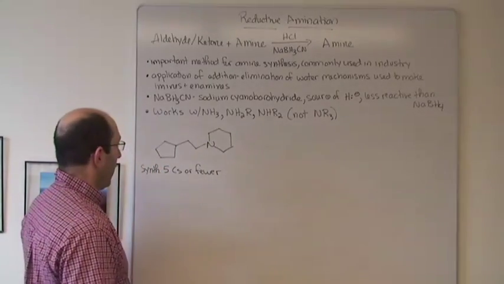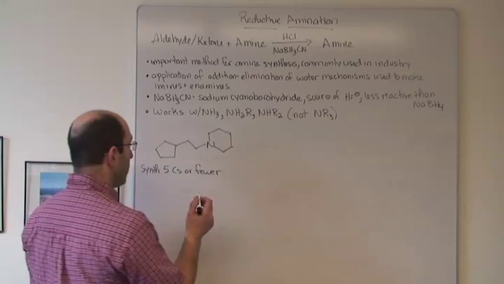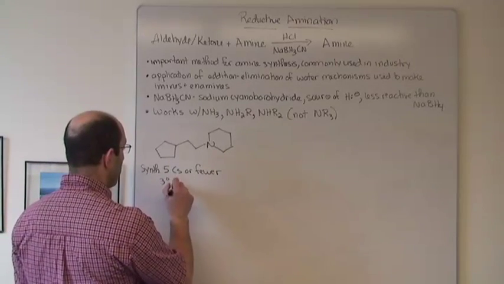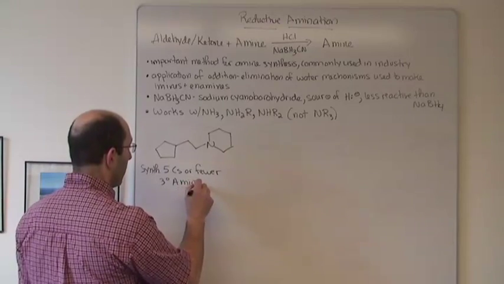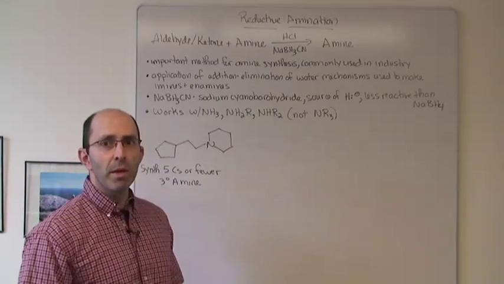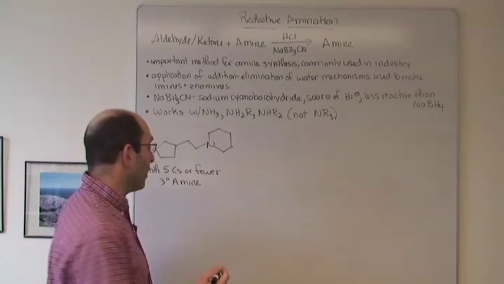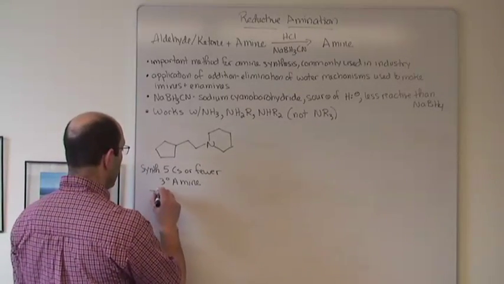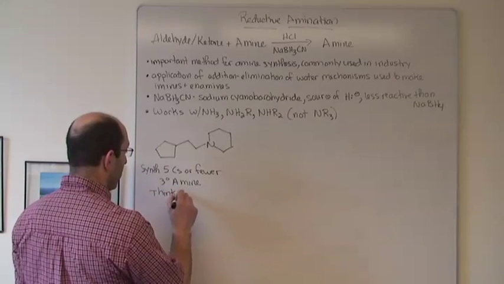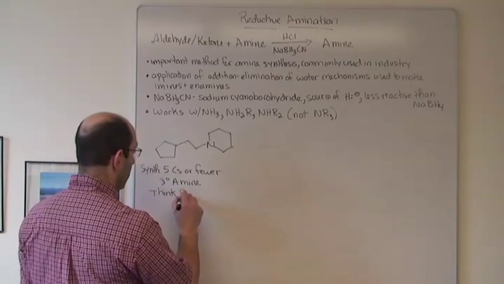When you looked at this, I hope that you first said, all right, we have a tertiary amine. There are several ways we know to make amines, but the most effective, as we've just been talking about, is reductive amination. So I hope that you thought about reductive amination.